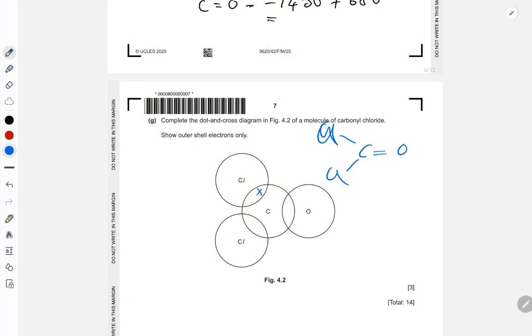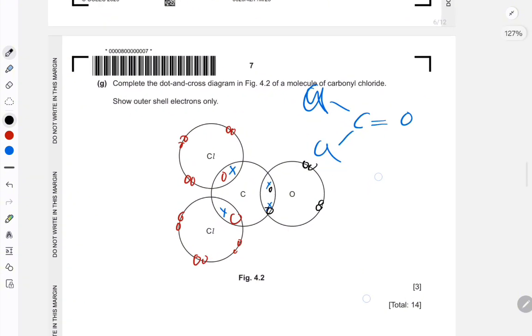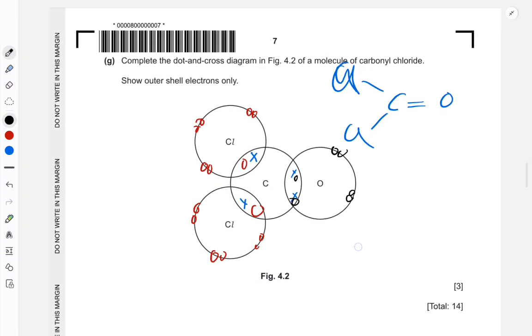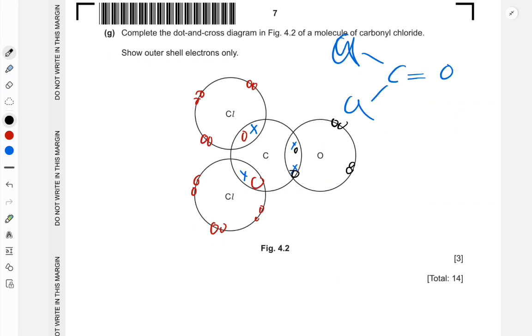So let's say that's the chlorine, and there's a C double bond O. Now chlorine's own ones, I'm going to have circles now: 1, 2, 3, 4, 5, 6, 7. Again, 1, 2, 3, 4, 5, 6, 7. Oxygen has 6. So I'm doing it in color for you. Again, circle here: 1, 2, 3, 4, 5, 6. Draw nice and clearly, you should get that. Making sense, class? Okay, we go on to the next one.